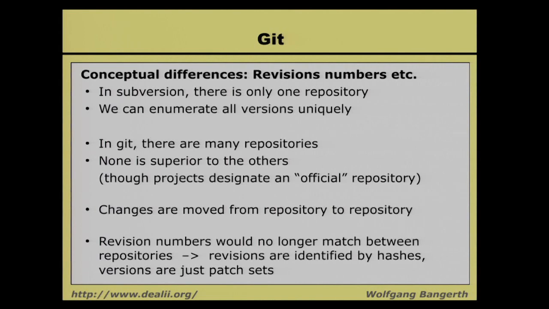In order for there to be unique revision numbers, every repository would have to ask the upstream what the next number would be, and if the upstream is again downstream from somebody else, you would have to have this chain. But that requires one central repository that really is able to determine what the next number would be, and that's not how Git works. In Git, all of the repositories are logically equal.